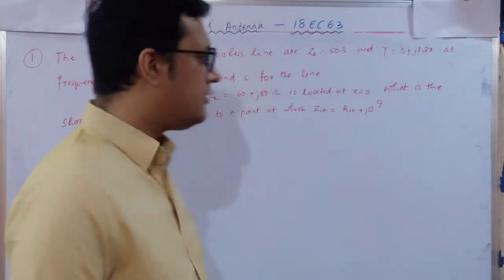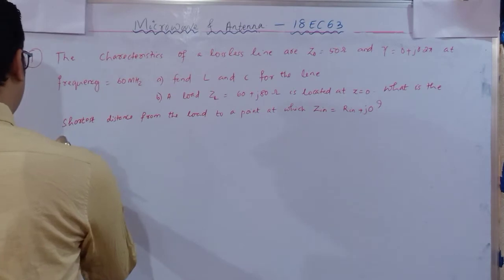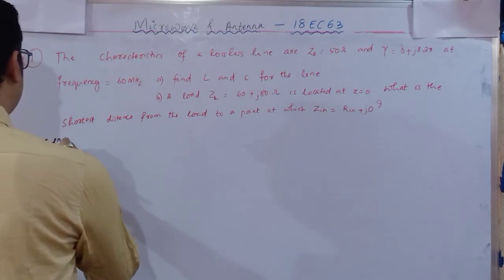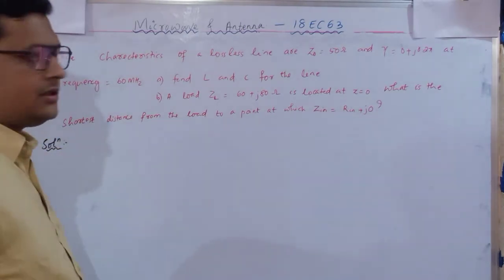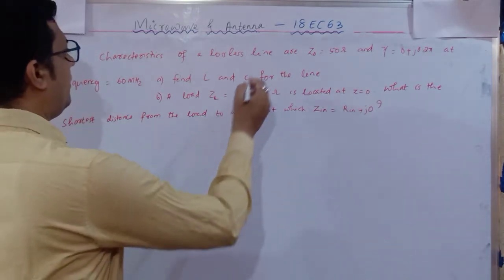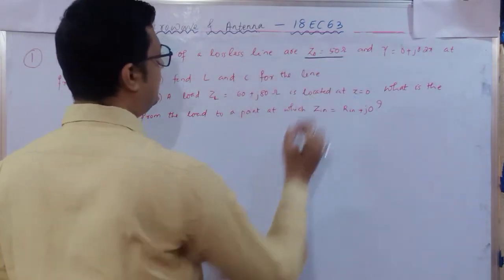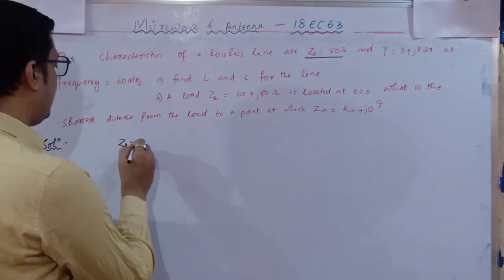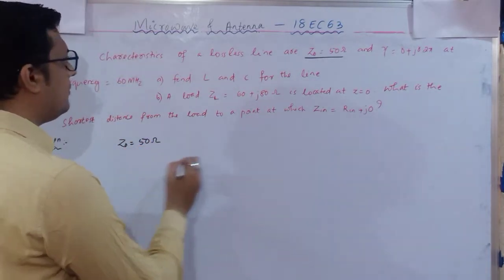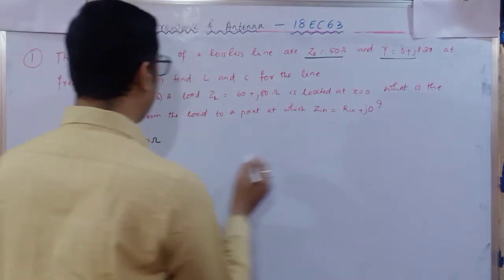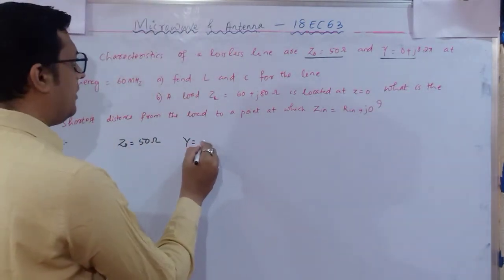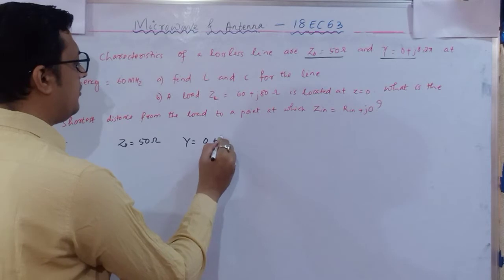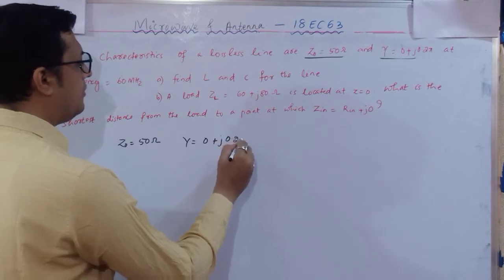Okay, here I have given one question. Let me discuss it first. The characteristics of a lossless line are given as Z0 equals 50 ohm, that means the characteristic impedance is 50 ohm, and the propagation constant gamma is 0 plus j0.2 pi.